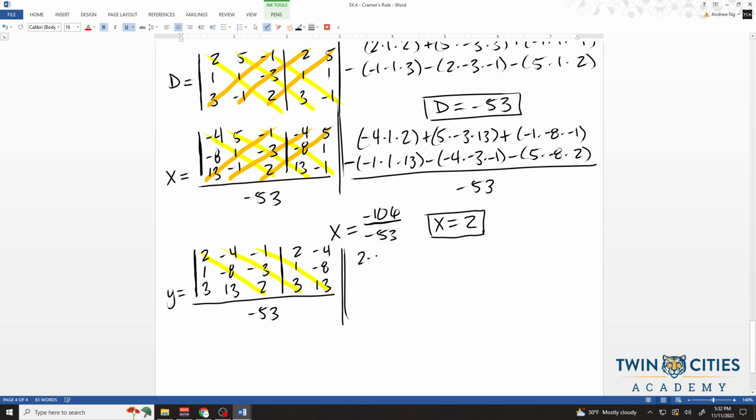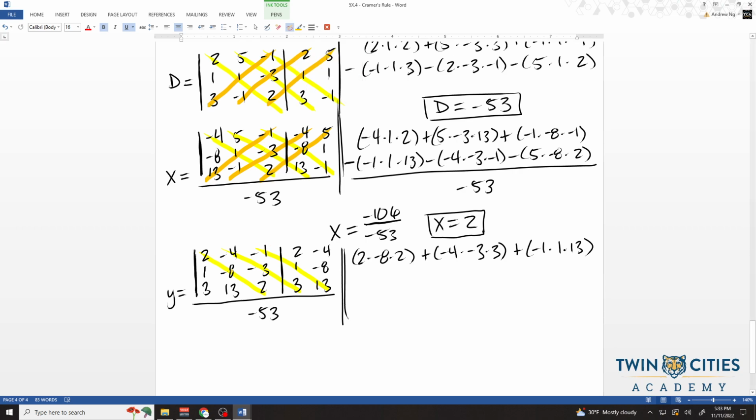2 times negative 8 times 2. We're going to add negative 4 times negative 3 times 3. And then we're going to add negative 1 times 13. All right, then we have to subtract going the other direction.